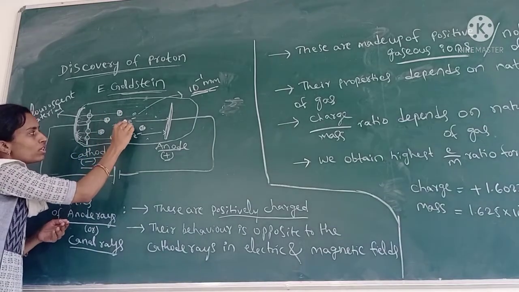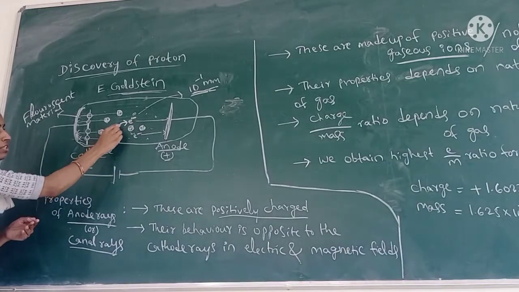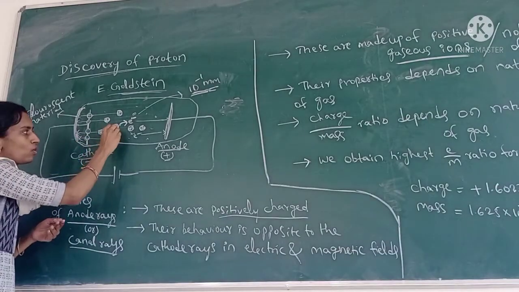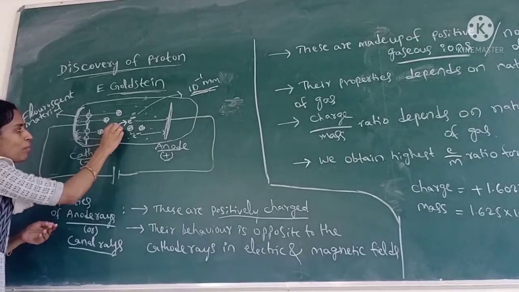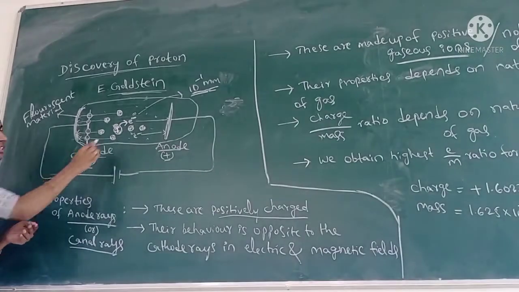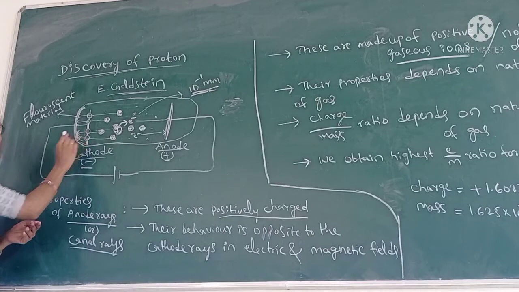After losing electrons, which charge will the gas contain? If they lose electrons, they will contain positive charge. So these positively charged gas molecules will move to the negatively charged cathode.